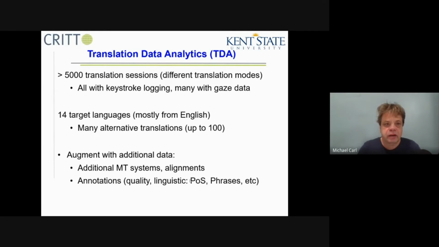We have collected more than 5,000 translation sessions, all with keystroke logging, many with gaze data. We have translations into many different languages. For some texts we have 100 versions of one translation.